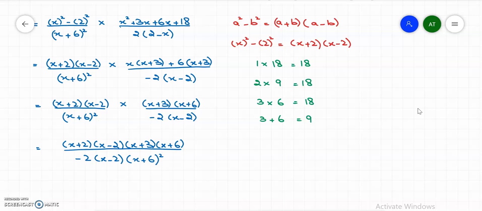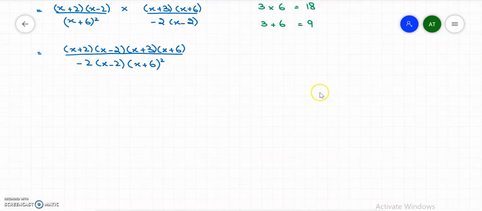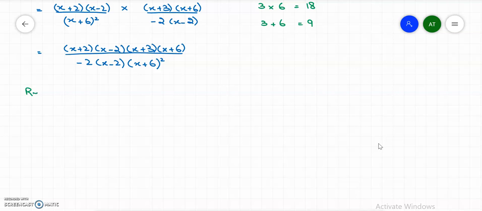Before cancelling the like factors from the numerator and the denominator, we need to state the restrictions. Okay, so for the restrictions, we need to put the denominator equal to 0. So the denominator is negative 2 times x minus 2 times x plus 6 whole square equals 0. So we have to put all the factors separately equal to 0.